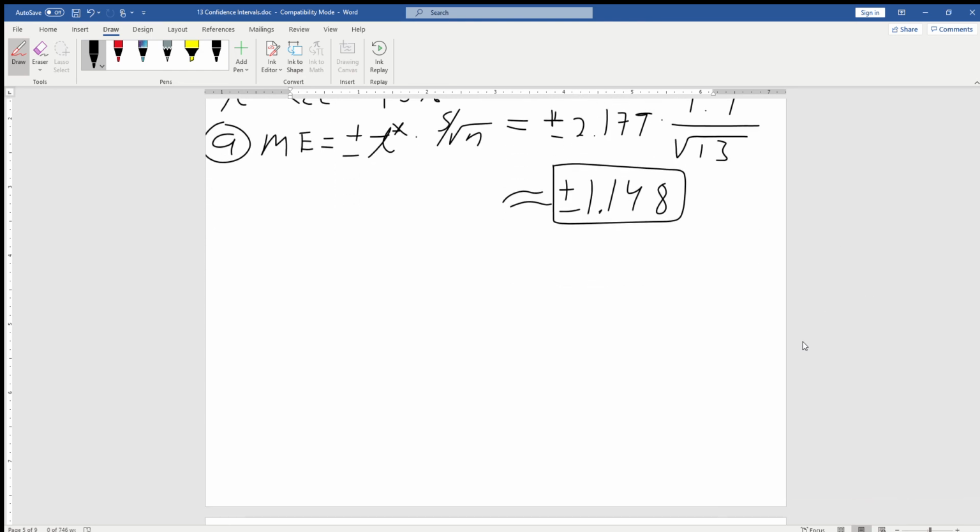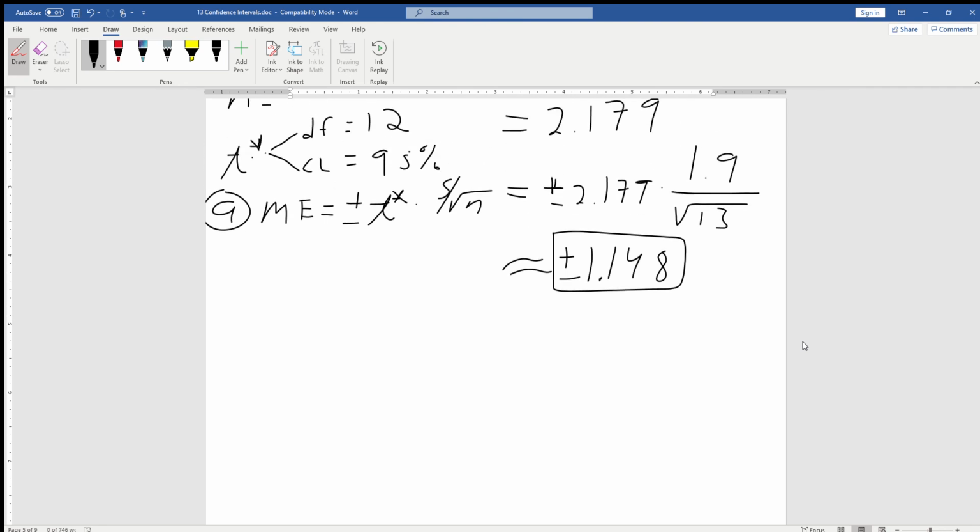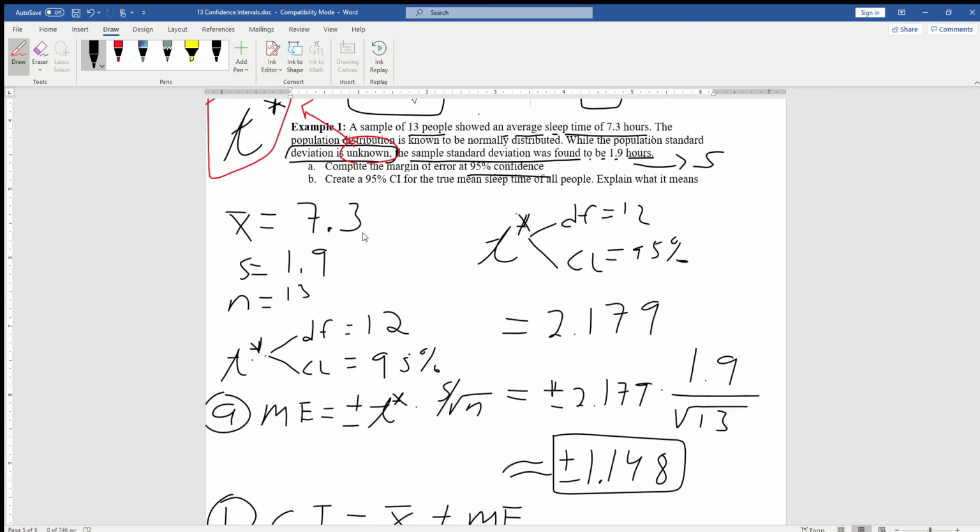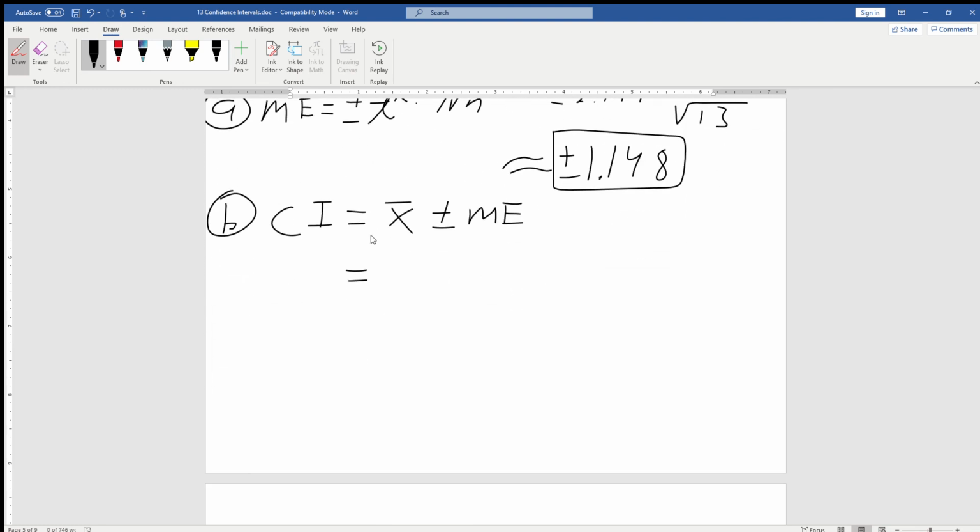The last thing we're going to do is find the confidence interval, and then describe it. Remember, the confidence interval is x bar plus or minus the margin of error. We found x bar up here to be 7.3, the mean hours of sleep, plus or minus 1.148.